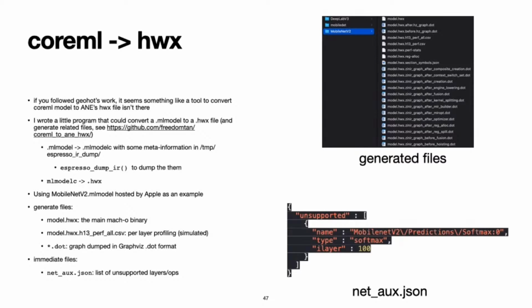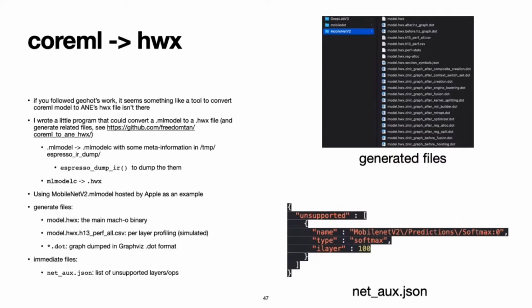If you examine the generated files, you can see model.hwx, which is the main ANE binary file we mentioned. And there is a model.hwx.h13_perf_o.csv, yes, a CSV file, comma separated values.